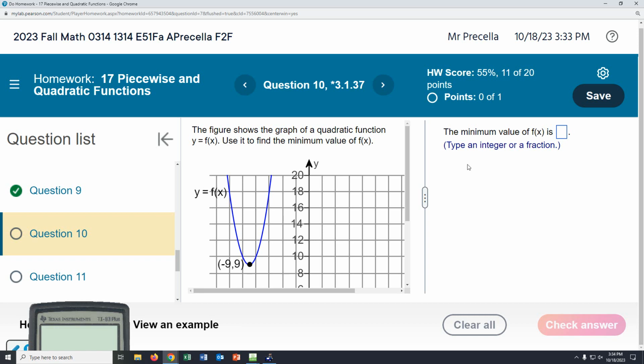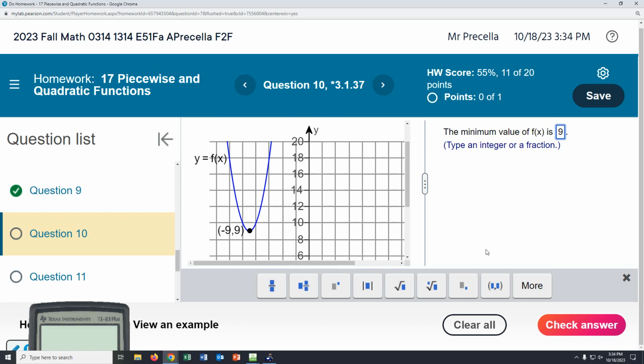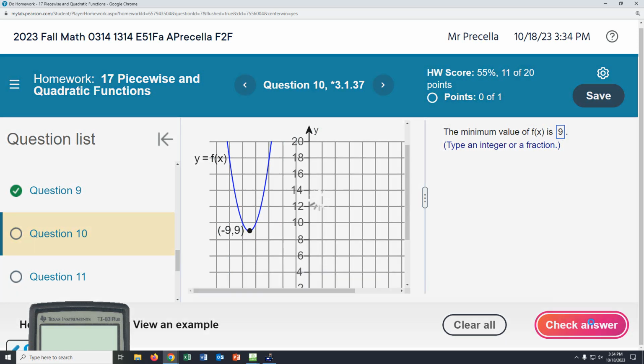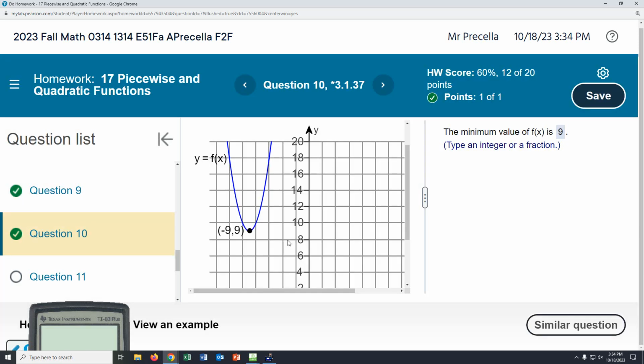Y. So what's the y value at the vertex? What's the smallest y value on that graph? 9. There's no y value that's smaller than 9. The minimum value of the function is 9. The minimum value of a function is the y coordinate of the vertex, not the x coordinate. And I think that's the point they're trying to make.